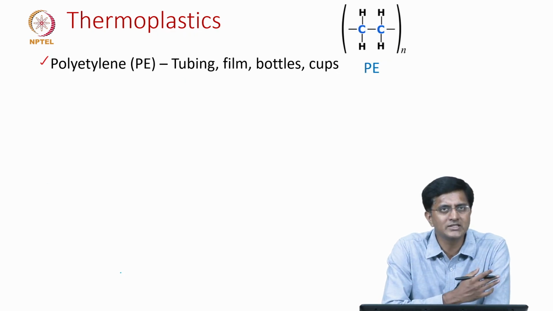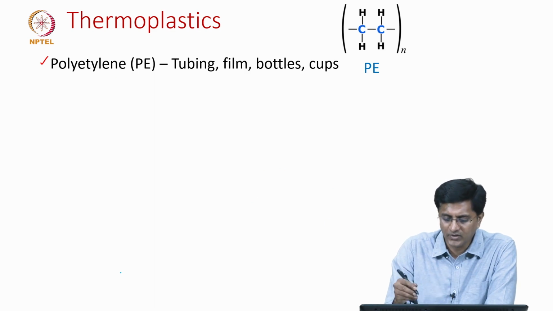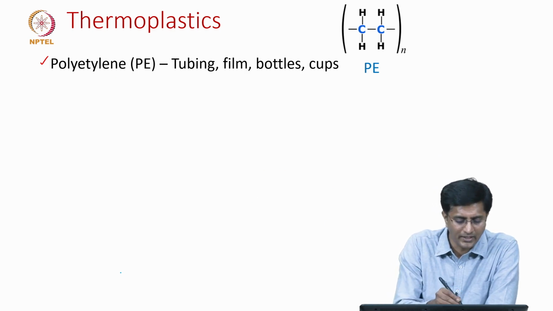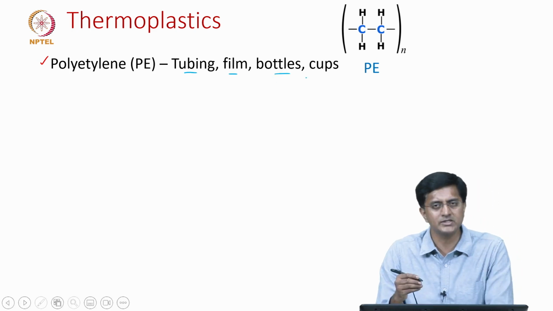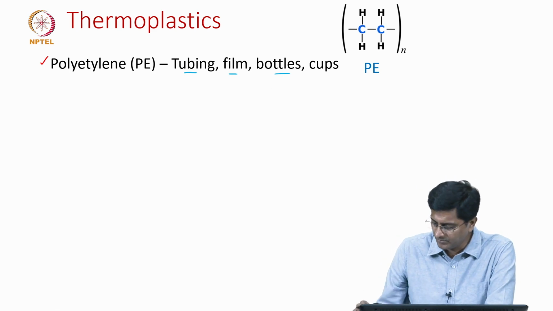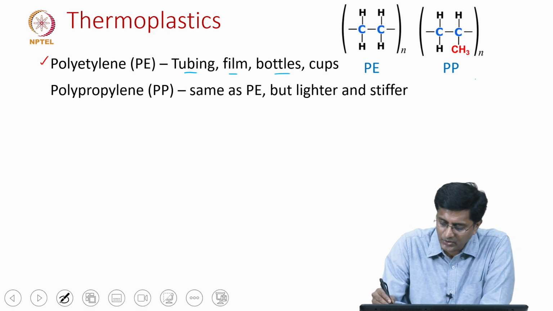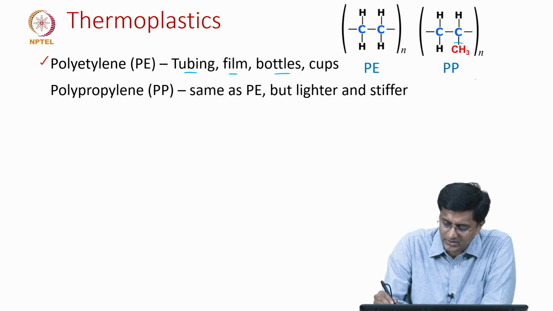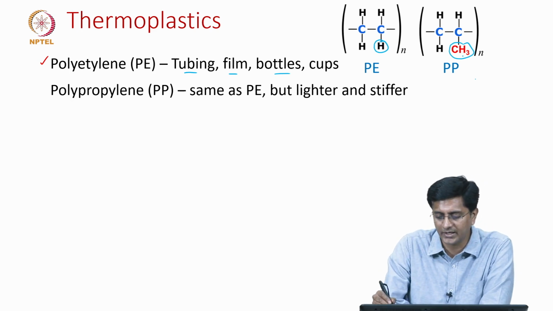We will look at a few examples of thermoplastics, starting with polyethylene. Polyethylene, as we have seen, is C2H4 and it is used in tubing, film, bottles and cups. Next we look at polypropylene. It is very close to polyethylene, the only difference being that a hydrogen is replaced with CH3, a radical group which replaces one of the hydrogen atoms.